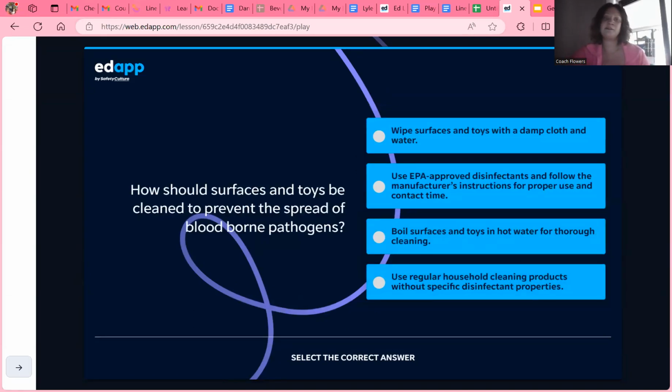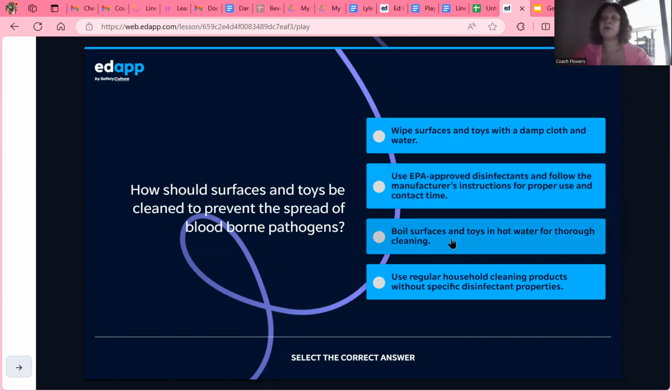How should surfaces and toys be cleaned to prevent the spread of bloodborne pathogens? A, wipe surfaces and toys with a damp cloth of water. B, use EPA-approved disinfectants and follow the manufacturer's instructions for proper use and contact time.